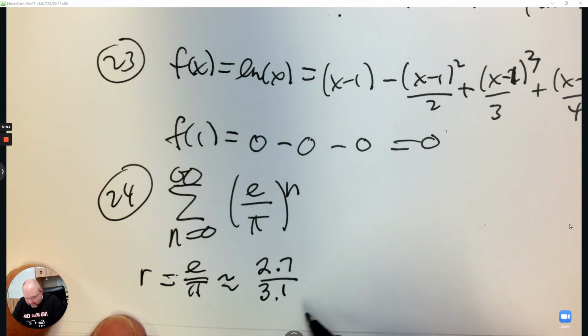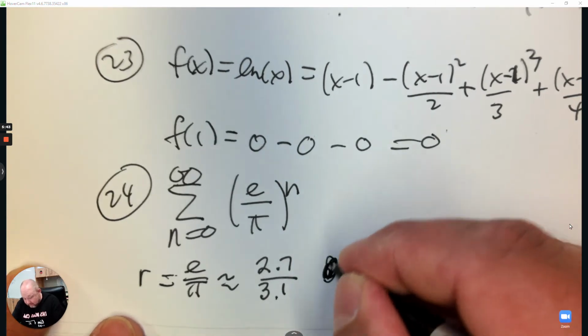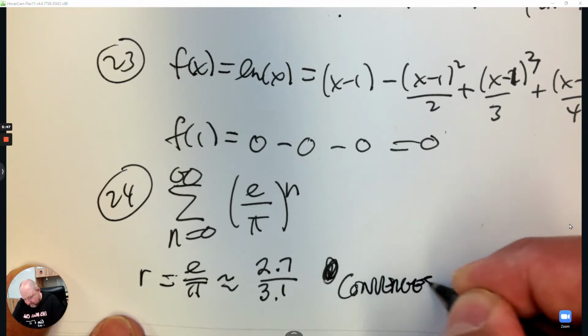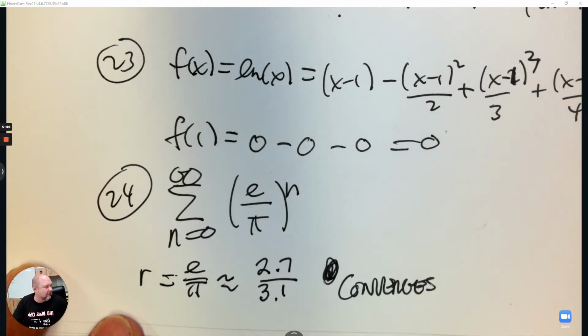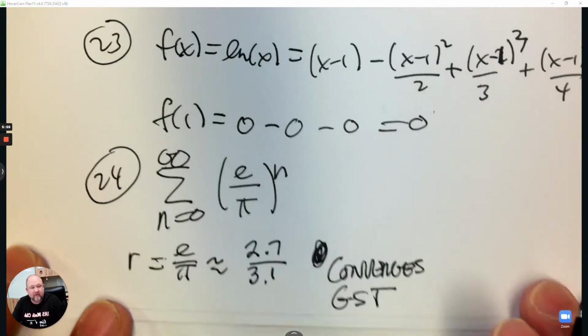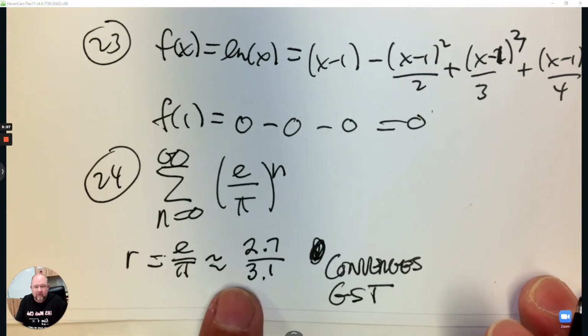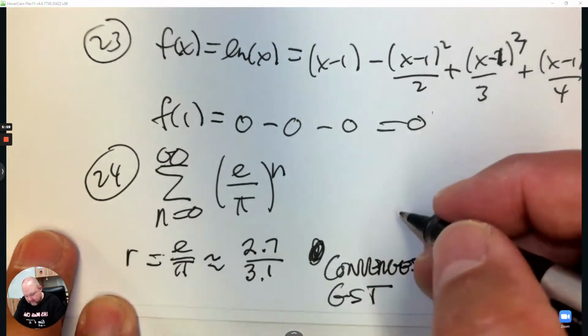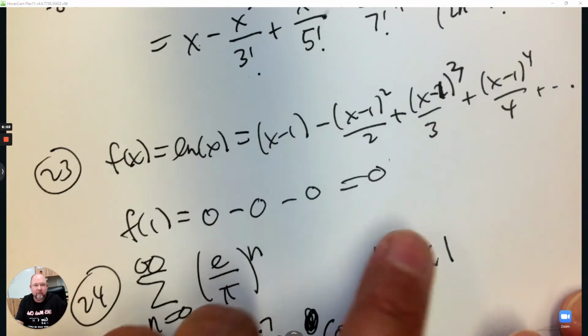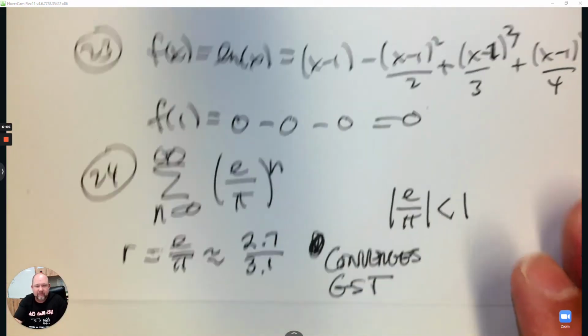So this is less than 1, and therefore it converges by the geometric series test, since the absolute value of the ratio is less than 1. That's what it means if it converges.